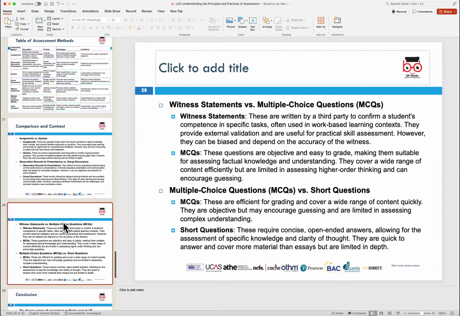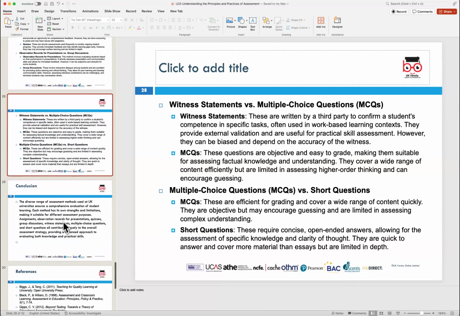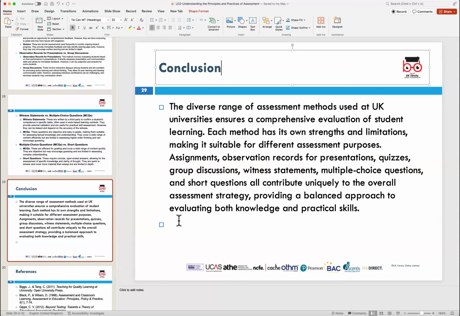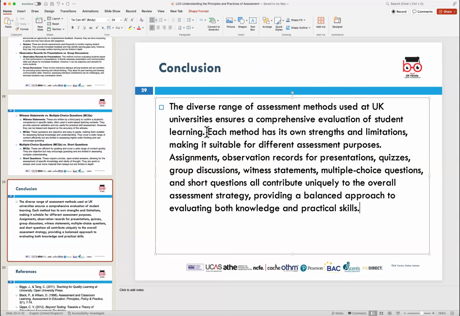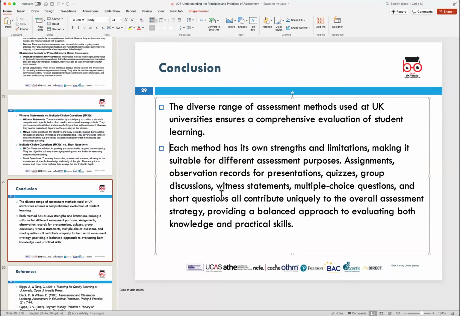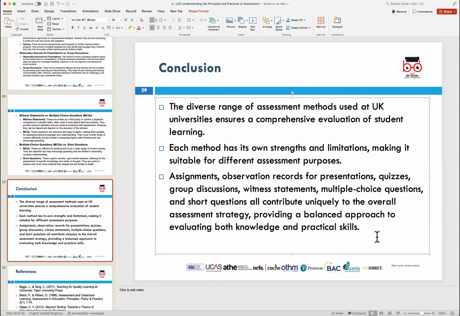I've looked at witness statements with multiple choice questions, and MCQs with short questions, and why they are suitable for assessment when we choose them at a particular level, whether primary school, secondary school, FE, or HE. This comparison helps you understand the process of contrasting assessment methods, which can be used for checking your learners' ability in terms of teaching and learning, and what you have taught.